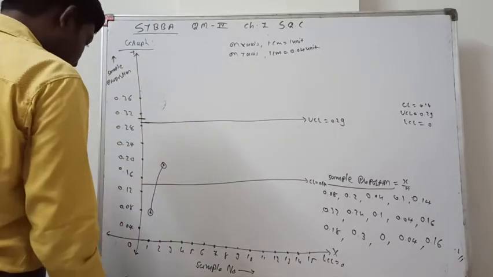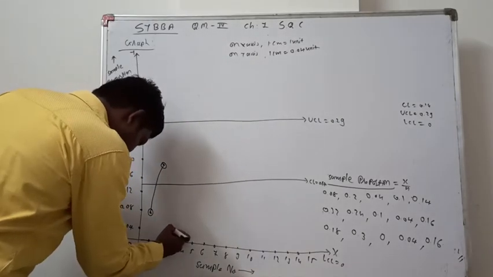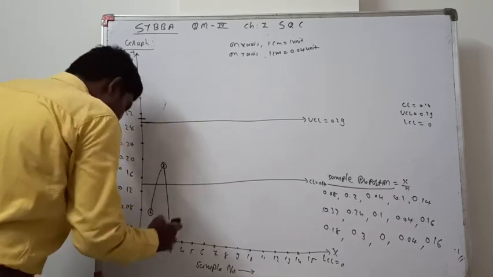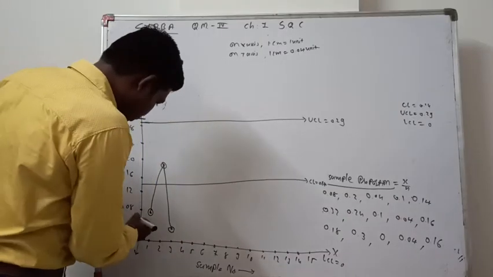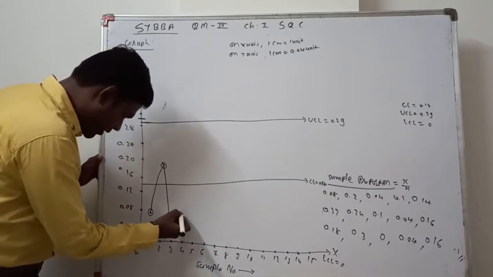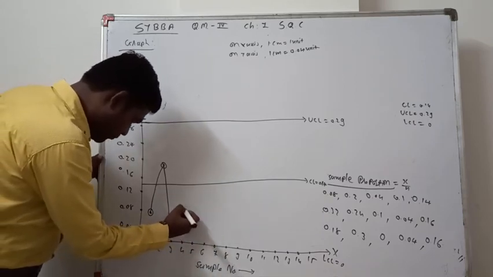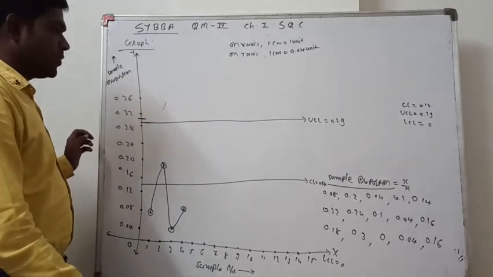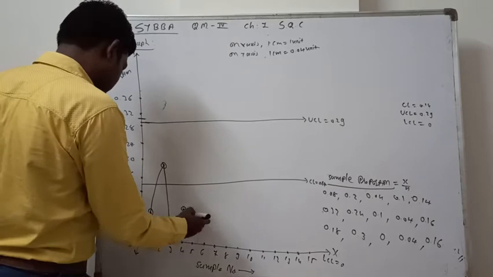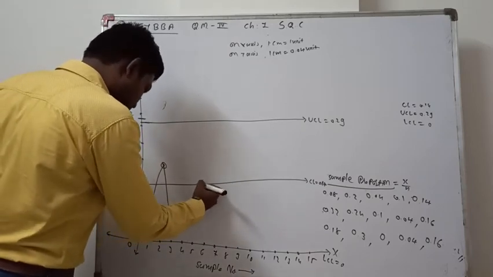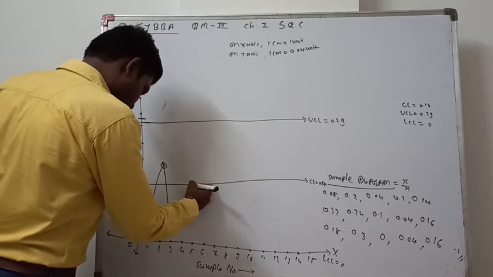Next 3 is 0.04, next 0.1, which means between 0.08 and 0.12, that is our 0.1. Next, the fifth one, that is 0.14. Between 0.12 and 0.16 it is this line, that is 0.14.